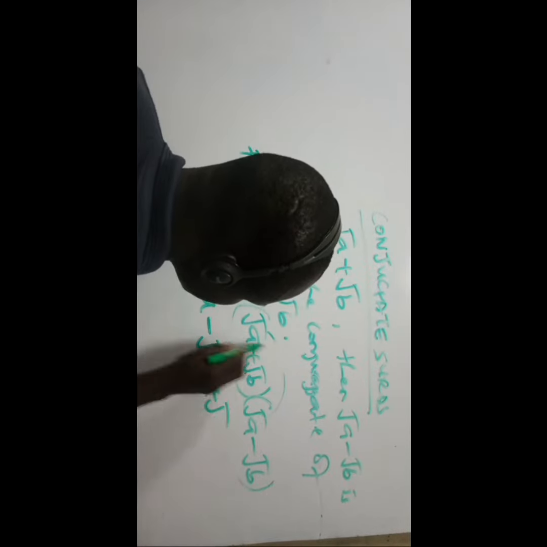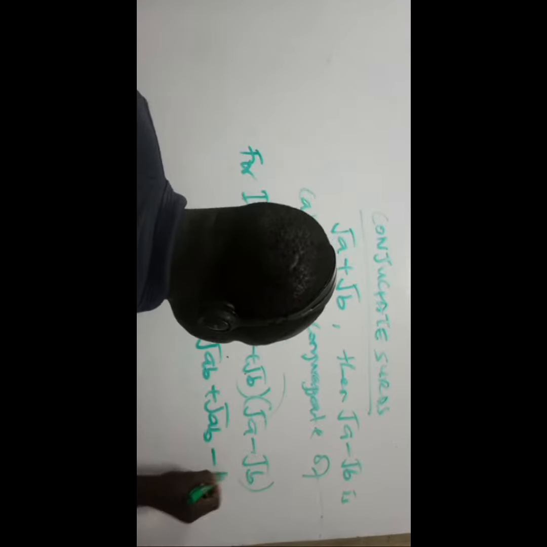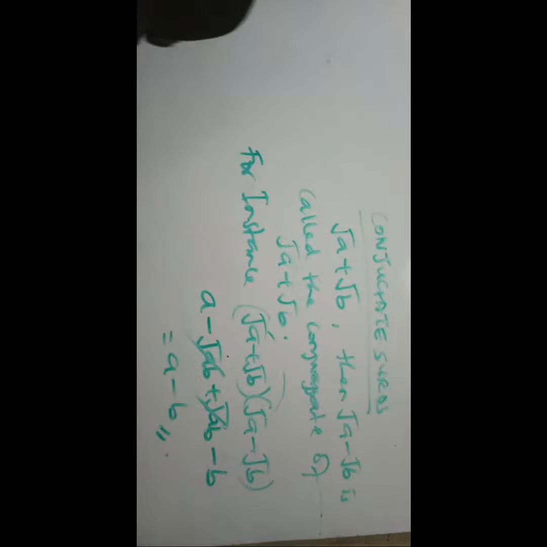Then minus square root of ab plus square root of ab, then minus b. You realize that what we have inside will cancel out. At the end of the day, we are going to get a minus b. That's what we are trying to say: when you multiply a surd by its conjugate, the final answer must be a rational number, a number that does not have square root.